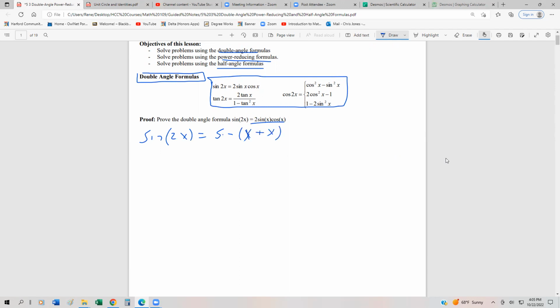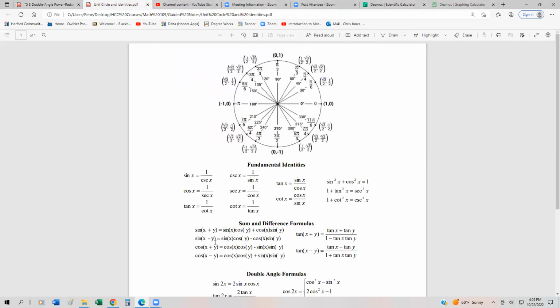The reason I would want to do that is because then I could use one of the sum and difference formulas that we looked at in the last video series. By the way, this is how you can prove any of these formulas. Now remember, sine of x plus y is sine cos plus cos sine. But in this case, x is x and y is also x.